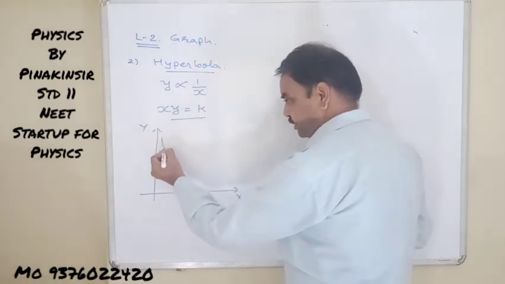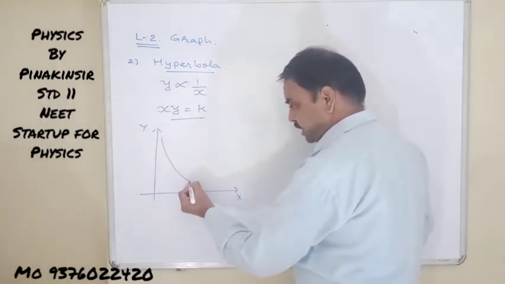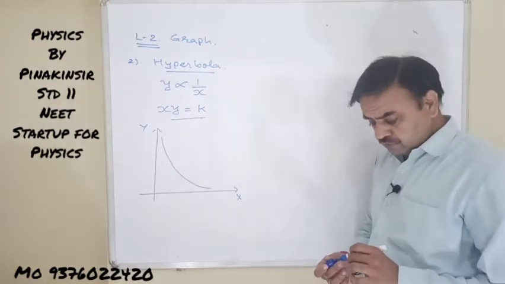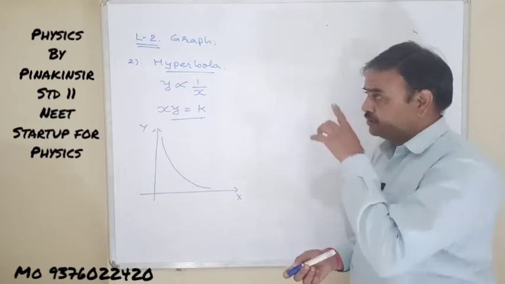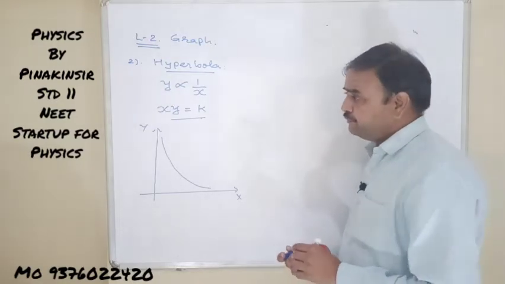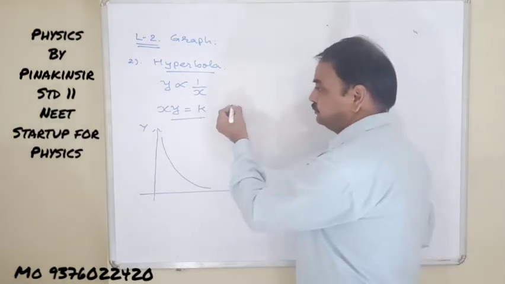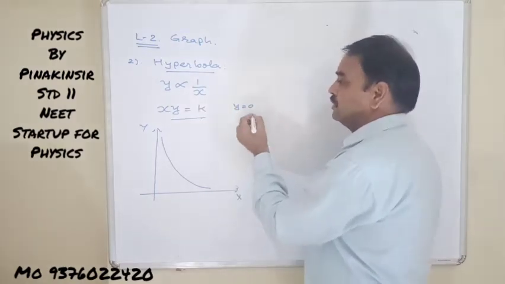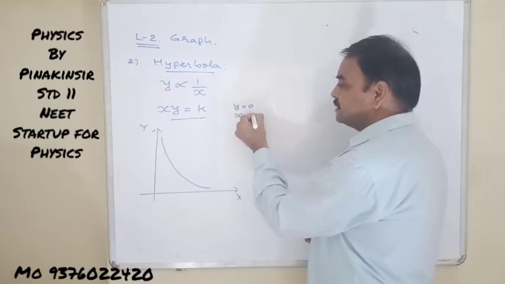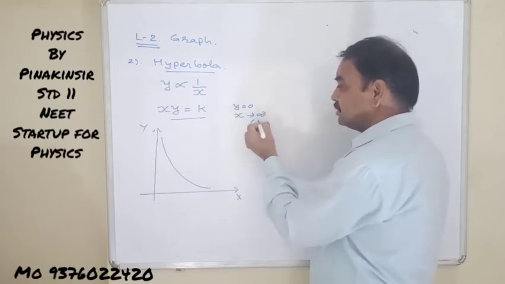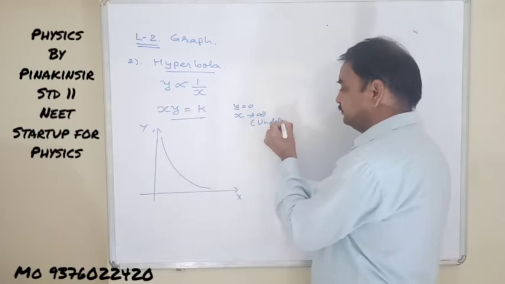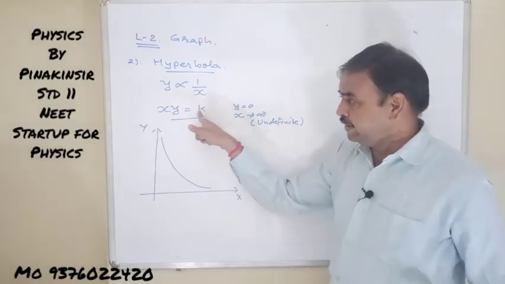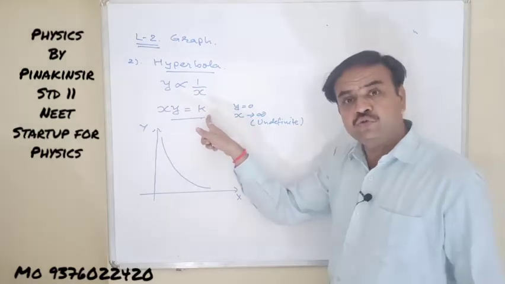Such type of shape is said to be hyperbolic. One particularly important thing is there for this type of relation. If we substitute y is equal to 0 in this expression, then you will get x is infinite, that is undefined, because k divided by 0 has no meaning.